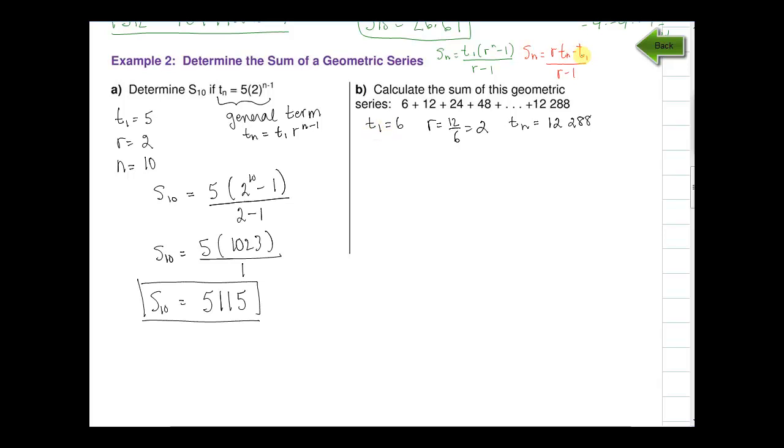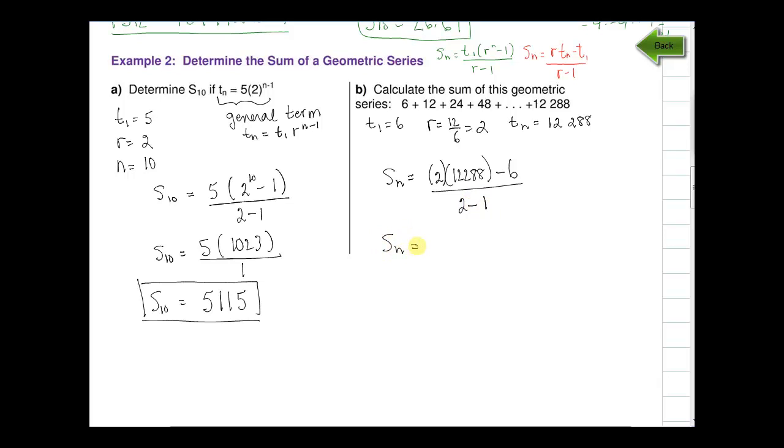So we're going to use our second formula, okay? Because we know what T1 is, we know what r is, and we know what T subscript n is. We don't know what term number 12,288 is, so we're just looking for S subscript n. We can plug in our r value, which is 2, times our T subscript n, which is 12,288, and minus T1 from that, and then divide that by r minus 1, so 2 minus 1.